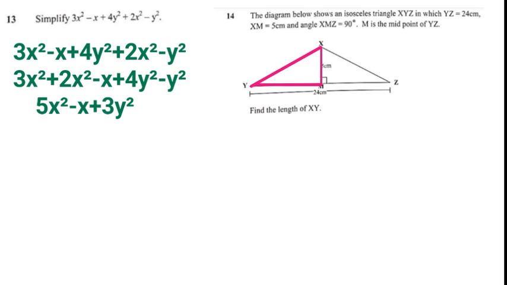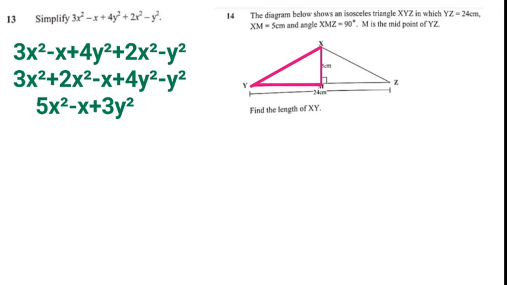Since the angle on the right side is a right angle, the angle on the left side is also a right angle. So triangle XYM is a right angled triangle. That means angle XMY is a right angle, equal to 90 degrees.